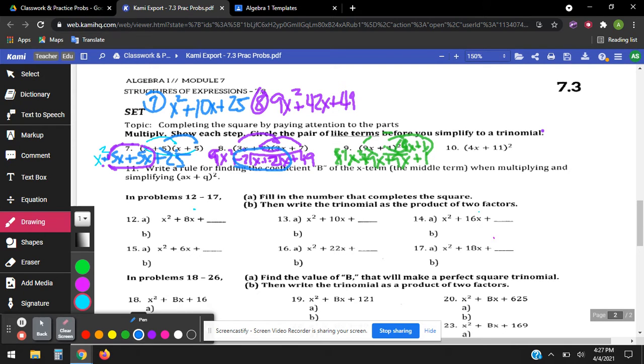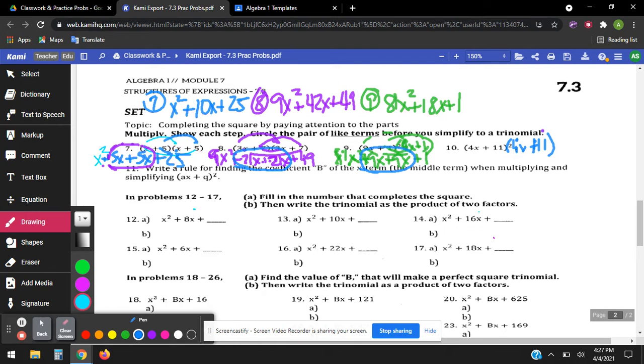And so I'm going to circle my 9x's. And for number 9, when I simplify, I end up with 81x squared, 9 plus 9 is 18x, plus 1.